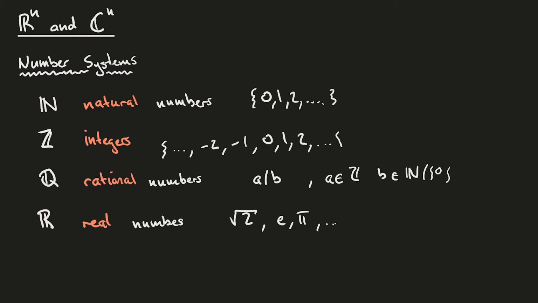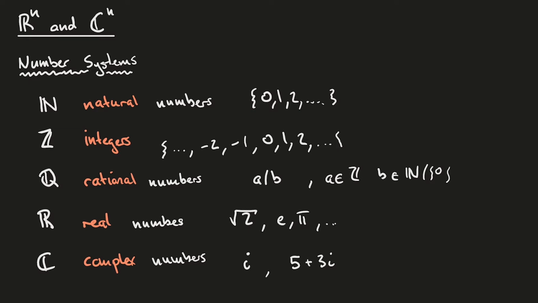And finally, we'll be making use of the complex numbers, C, which aside from real numbers also include imaginary numbers, which use the imaginary unit i. So an example of a complex number would be 5 plus 3i.